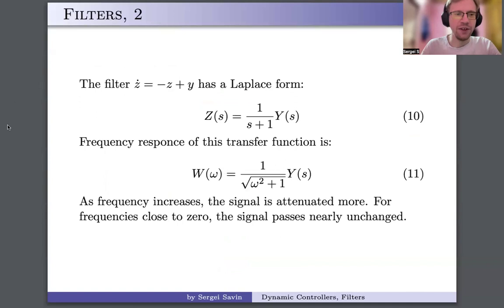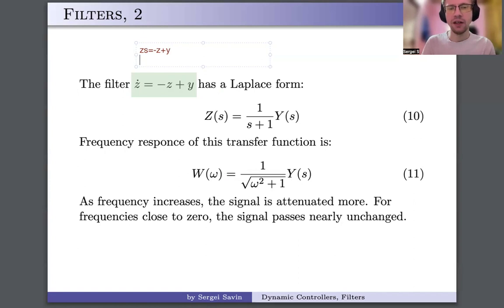Well, this filter, z dot equals minus z plus y, has a Laplace form here. How do we get this Laplace form? Let's remember. It is z times s equal to minus z plus y. That is like we replace the derivatives with s.